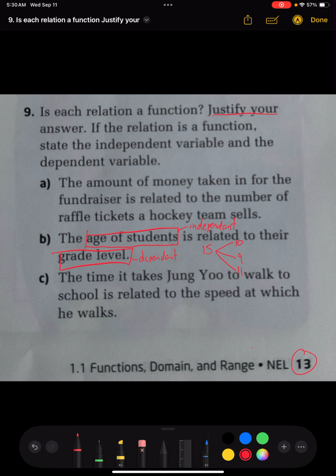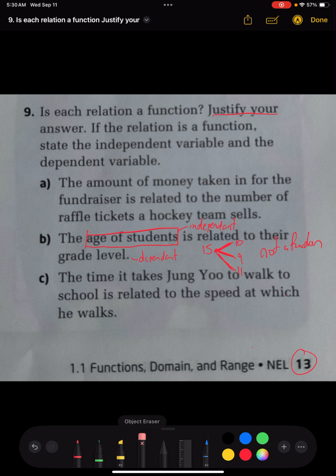There's multiple answers. So the independent variable doesn't point to only one dependent variable. It points to potentially many. So this B is not a function. Not a function.